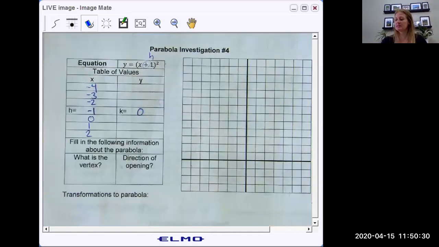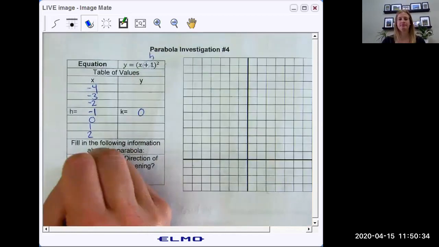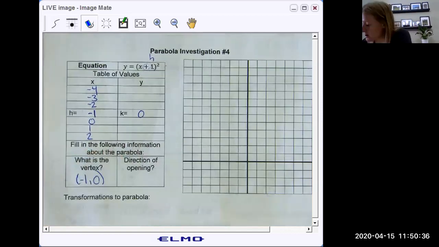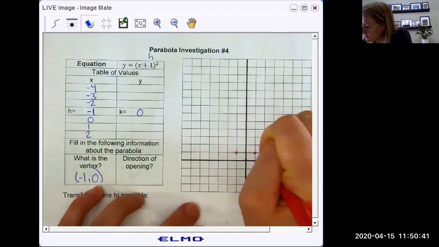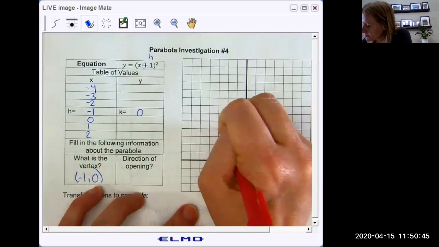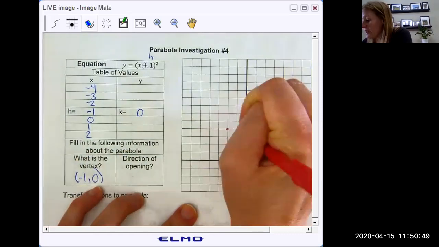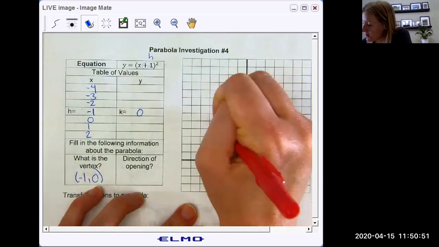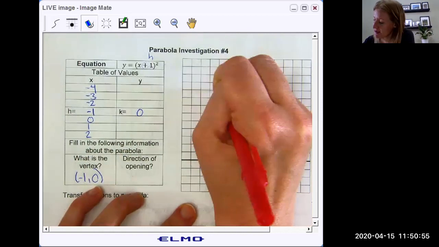Okay, so fill in the rest of the table of values, please. And then graph. I'm going to graph our parent function. I'm just using the step pattern: over 1, up 1, over 1, up 3, over 1, up 5. Sometimes I can't count to 5.